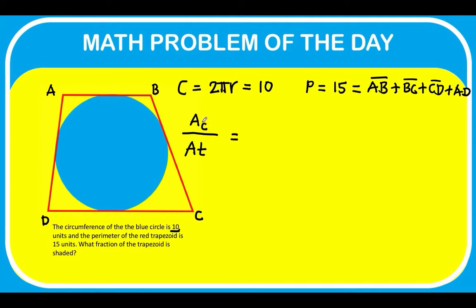So we need to know the area of this blue circle, and the area of the trapezoid. Let's recall that the formula for the area of a circle is pi r squared, and the formula for the area of a trapezoid is the sum of the two bases, base 1 plus base 2, divided by 2, times the height.